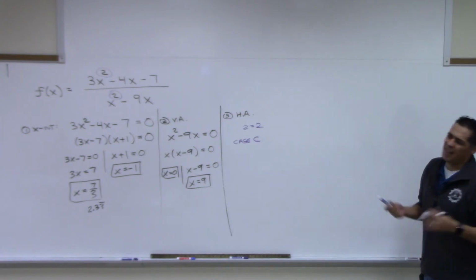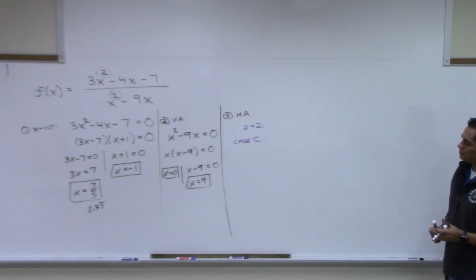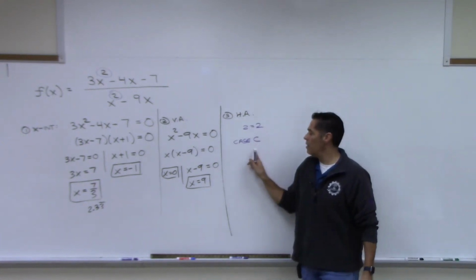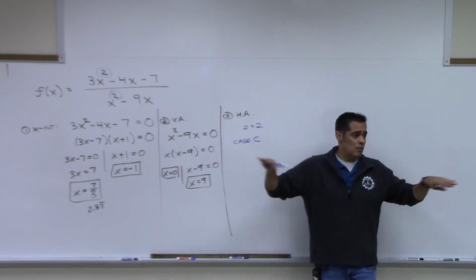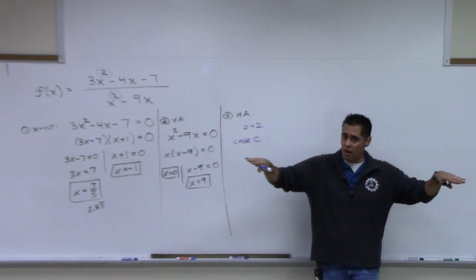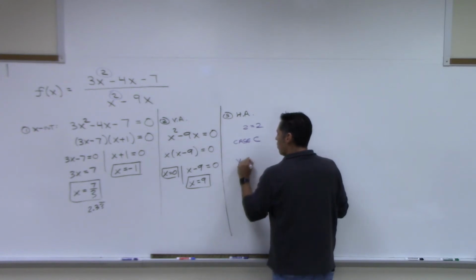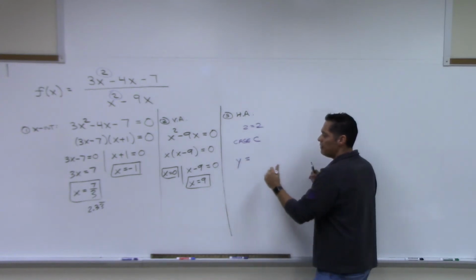I don't know why. I mean, I guess I do know why, but whenever they're the same, you're going to have a horizontal asymptote. It's going to be a horizontal line, and here's the equation of the horizontal line. It's going to be y equals a number.